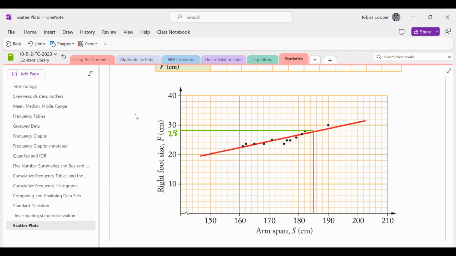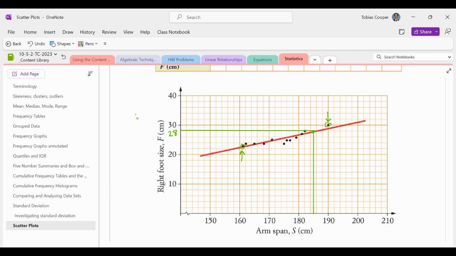Now, interpolation means that we've read a value off the line of best fit. Here's the line of best fit point there. And that point that I've colored in green is between points on the line. It's within the scatter plot. Okay, so any value you read from the line of best fit, which is between the last point and the first point, so that's the first point on the scatter plot here, and here's the last point.